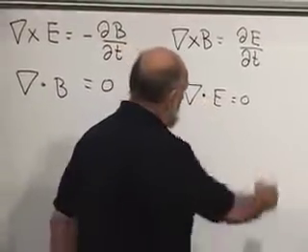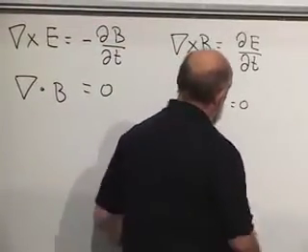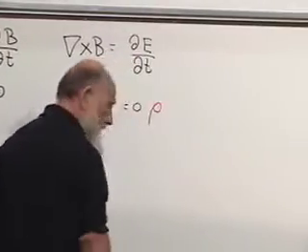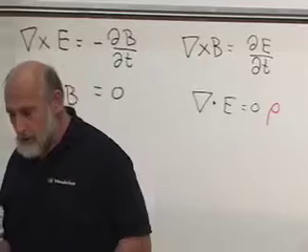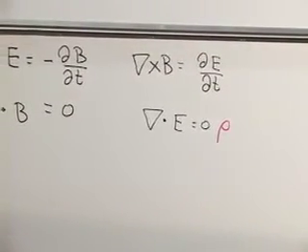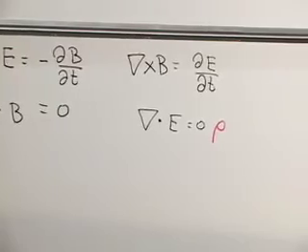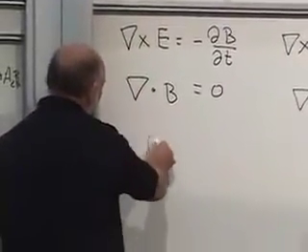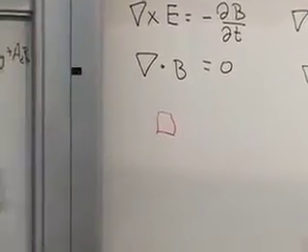And so, for example, I'm going to write in red here the actual thing that goes. The charge density is called rho, and it's the amount of electric charge per unit volume. At every point in space, there may or may not be some charge. In every little cell of space, there may be some charge.